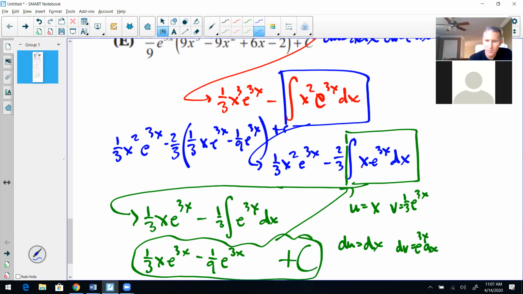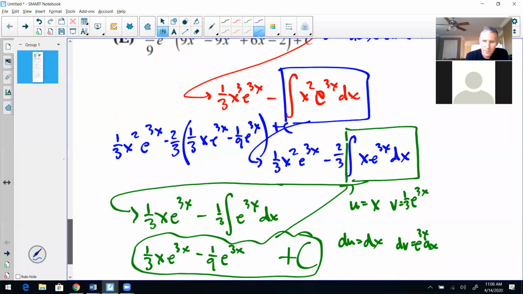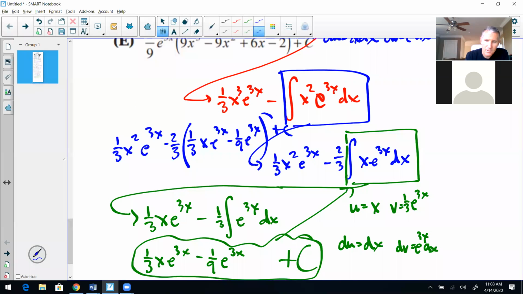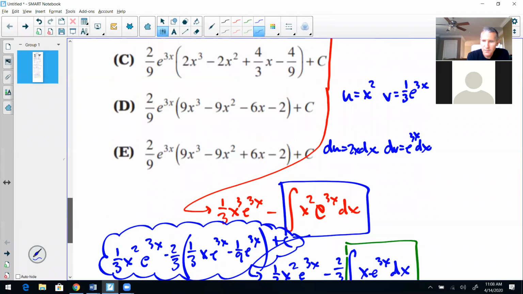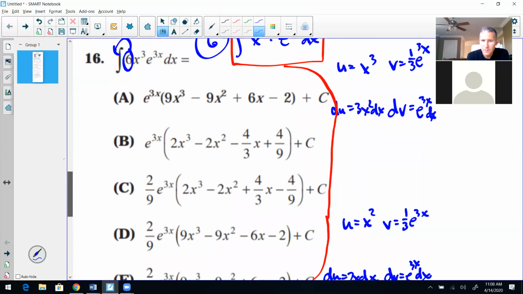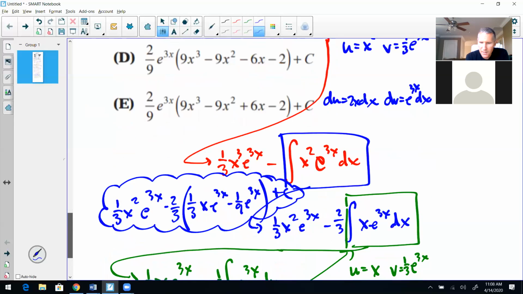And then this has a plus c in there. But going back up, and I know this is a pain because you have a bunch of these, what I have right here is what that is, right?